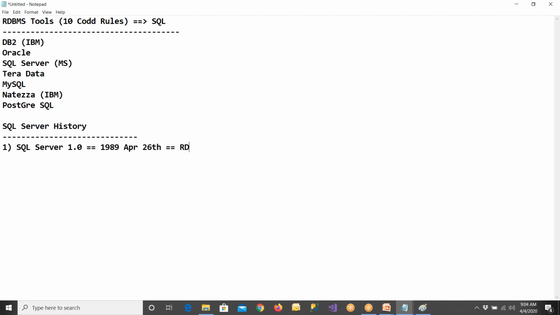It is purely an RDBMS software, or you can say RDBMS tool, which is not a language. RDBMS is not a language. SQL is a language. SQL is not an RDBMS software. Be clear.